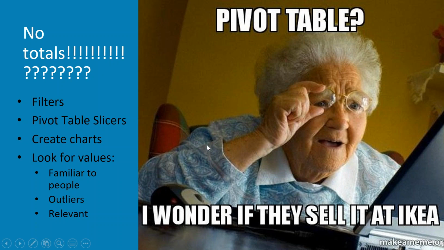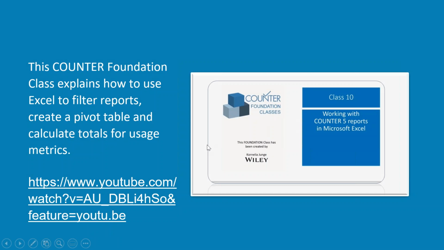But I'm pleased to say that we have help at hand. Connie Young from our executive committee, who is a great expert on this, has created a Counter Foundation class to explain how to use Excel to filter your journal reports, to create pivot tables, and to calculate totals for usage metrics.